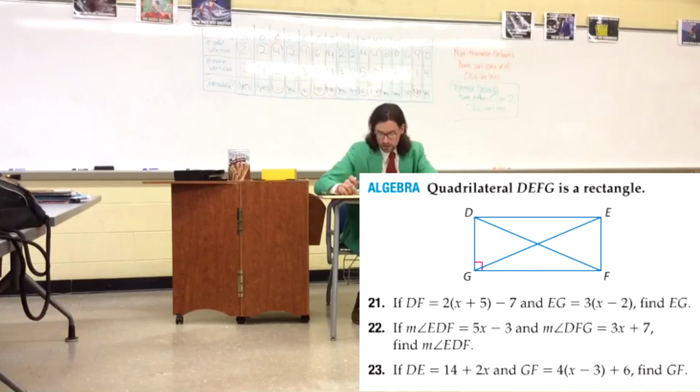These angles are congruent, but it's not because the angle was bisected. Anybody know why these angles are congruent? Think of chapter 2. They're corresponding because of parallel lines. Close, they're alternate interior angles. EDF and DFG are alternate interior angles.